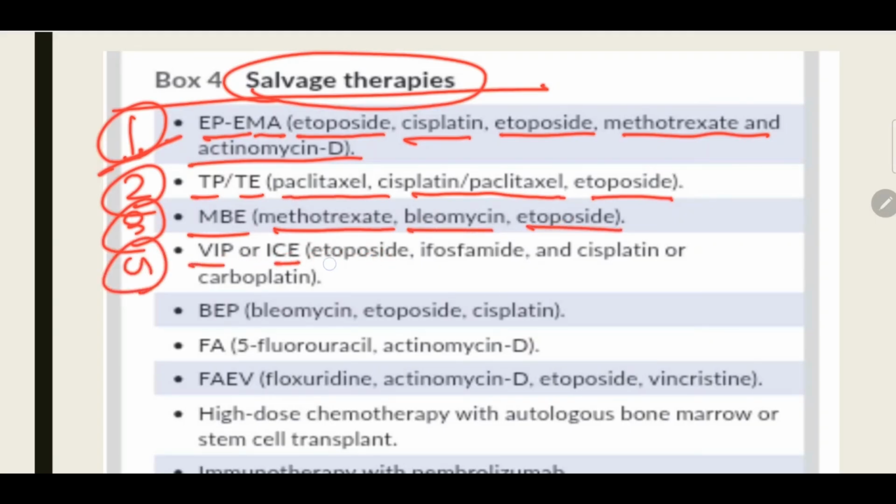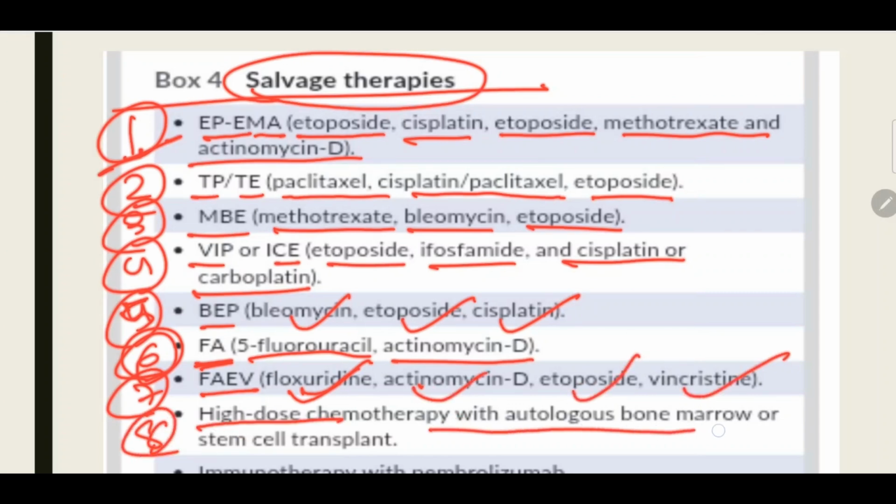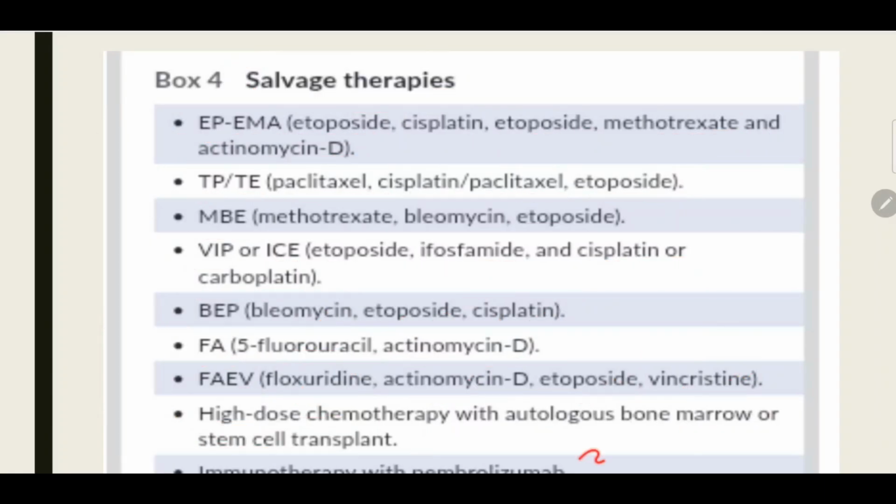Fourth, VIP or ICE, etoposide, ifosfamide and cisplatin or carboplatin. Fifth one is BEP, that is bleomycin, etoposide, cisplatin. Sixth is FA, fluorouracil, actinomycin D. Seventh is floxuridine, actinomycin D, etoposide, vincristine. Eighth is high dose chemotherapy with autologous bone marrow or stem cell transplant. Ninth is immunotherapy with pembrolizumab.